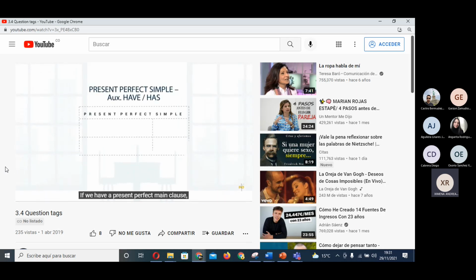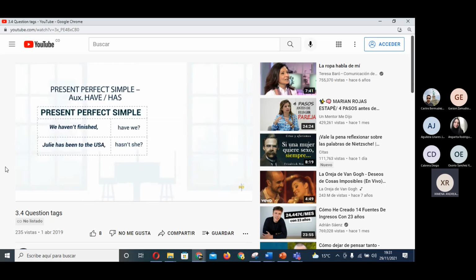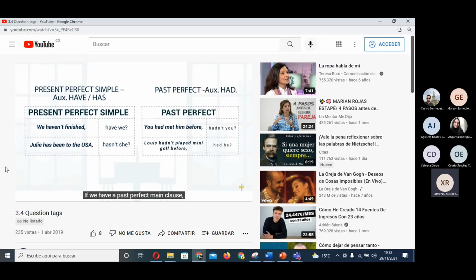If we have a present perfect main clause, we use the present perfect auxiliaries have and has. We haven't finished, have we? Julie has been to the USA, hasn't she? If we have a past perfect main clause, we use the auxiliary verb had.